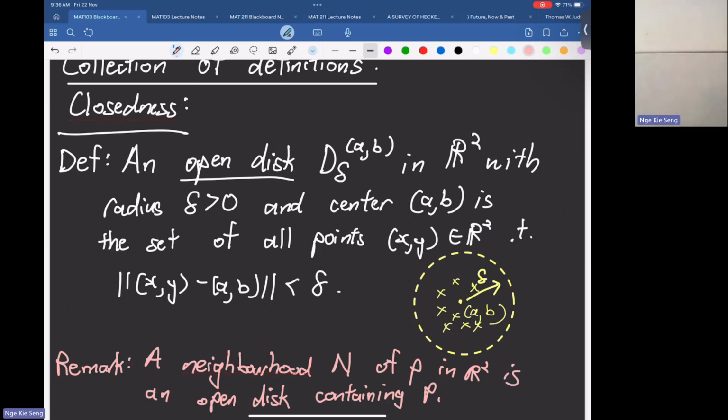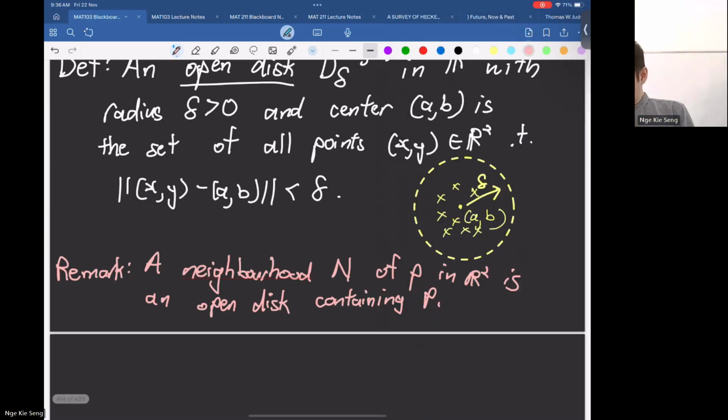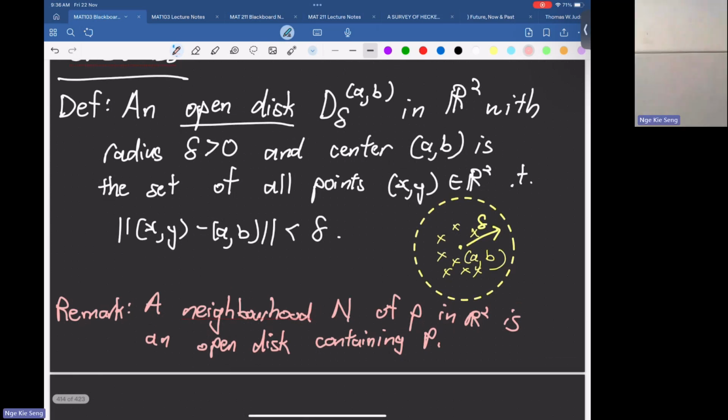So a neighborhood is just an open disk containing P. Note that I said open disk containing P. I didn't say open disk centered at P. So an open disk centered at P is one of the neighborhoods of P.